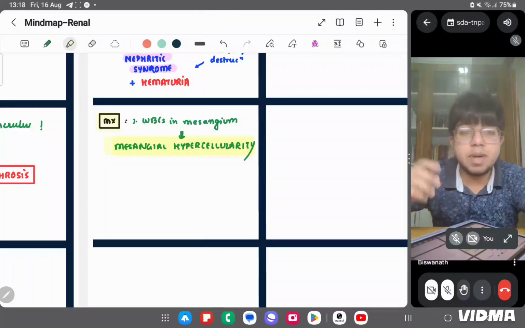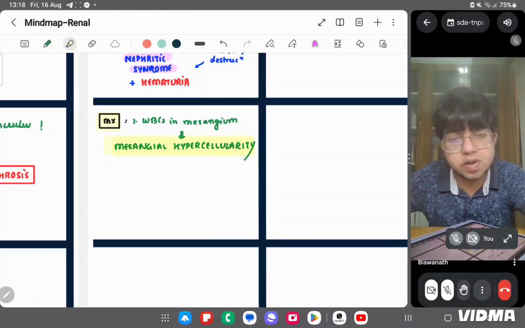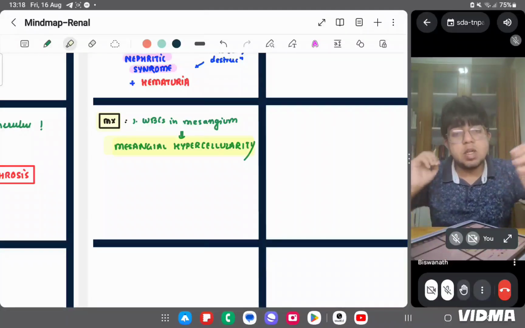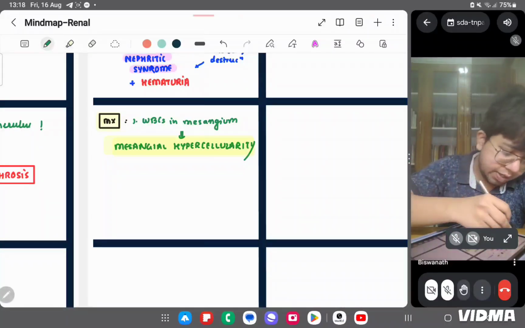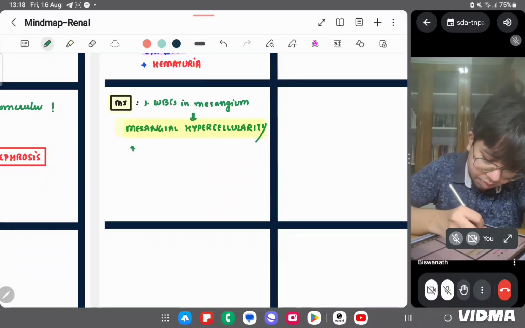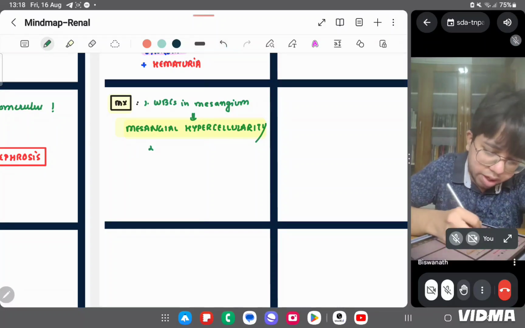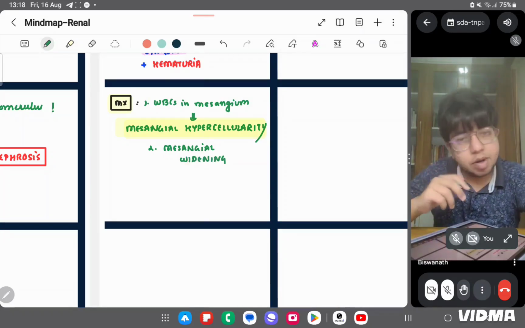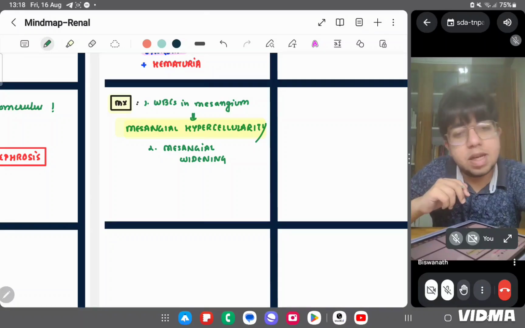Mesangial hypercellularity plus mesangial widening also. If there is hypercellularity, some cells are coming, then it will get widened, right? So there will be mesangial widening also. Second point you can write, mesangial widening. That's about microscopy.